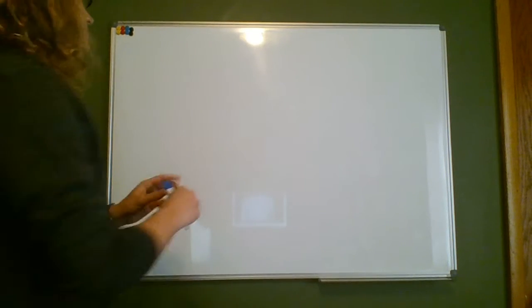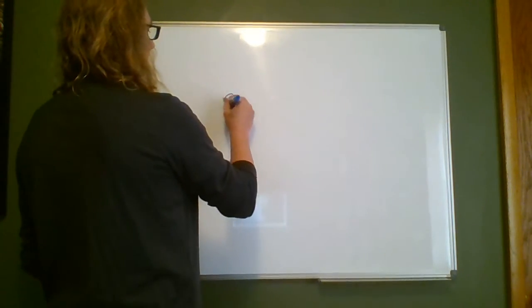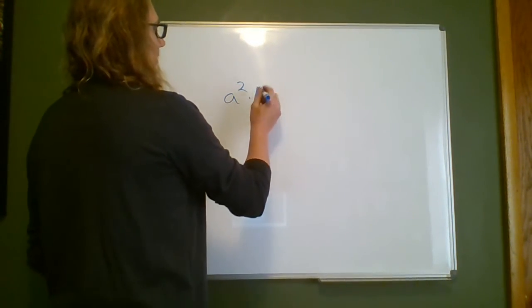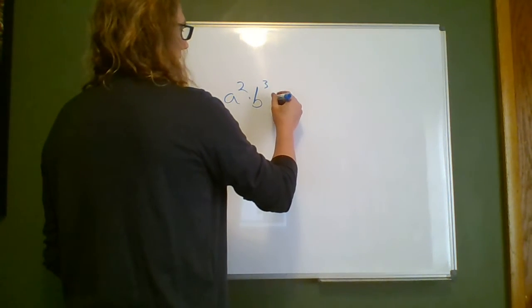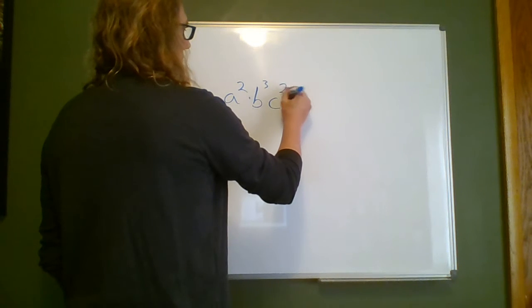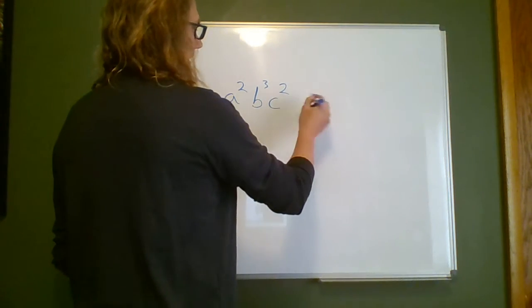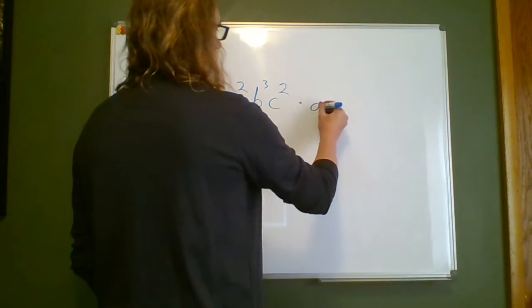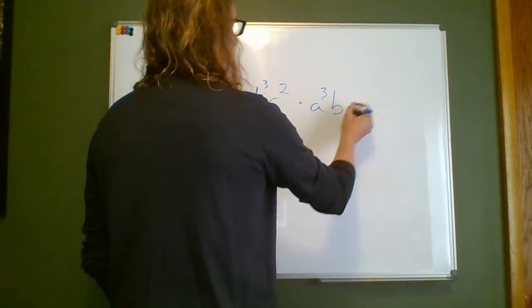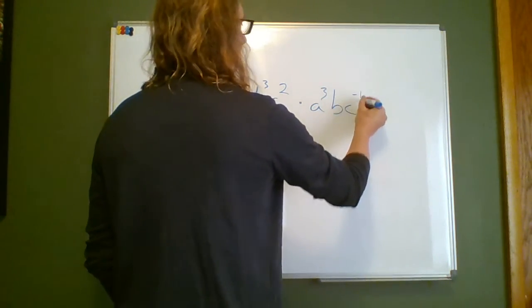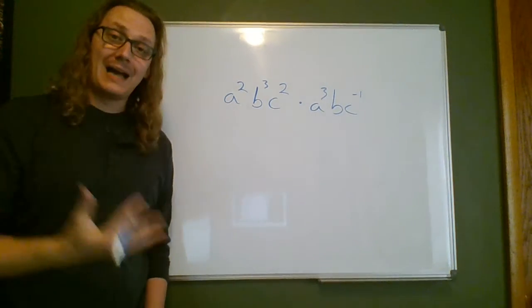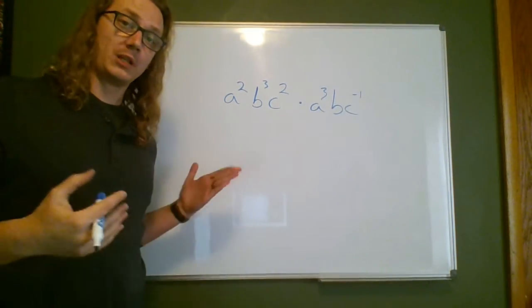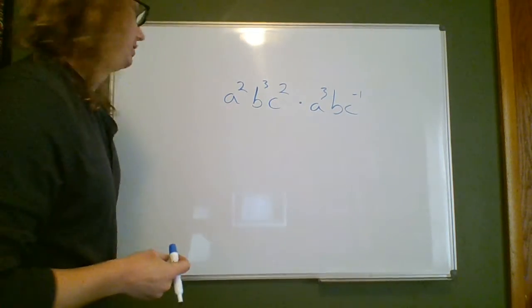All right, so let's look at a squared b cubed c squared times a cubed b c to the negative first. Combine all of your like terms. Remember, we're multiplying, so we're going to be adding all of our exponents.